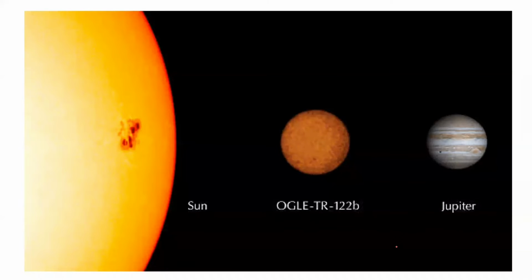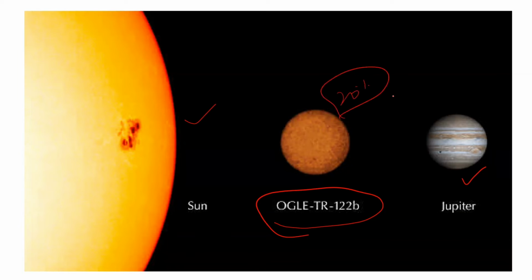By this picture we can see the size of the OGLE-TR-122b red dwarf star as compared to our Jupiter and our Sun. It's around 20% greater in size than our Jupiter.